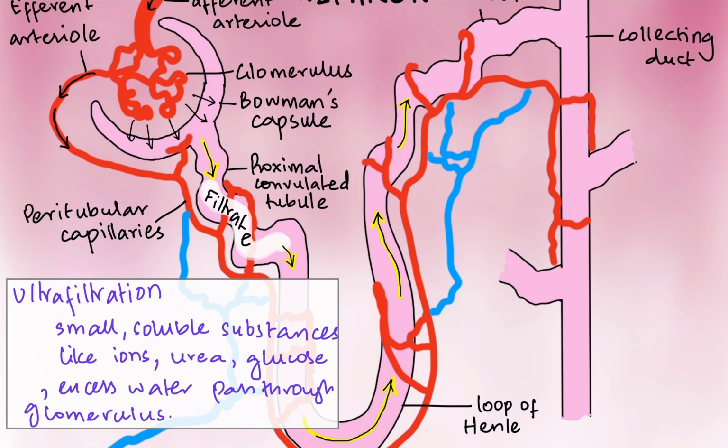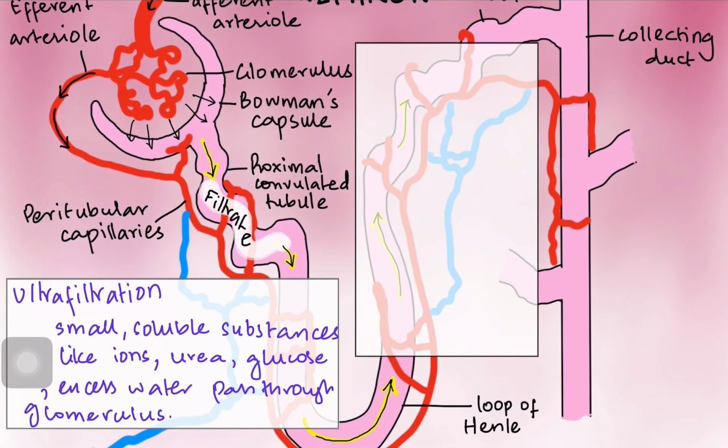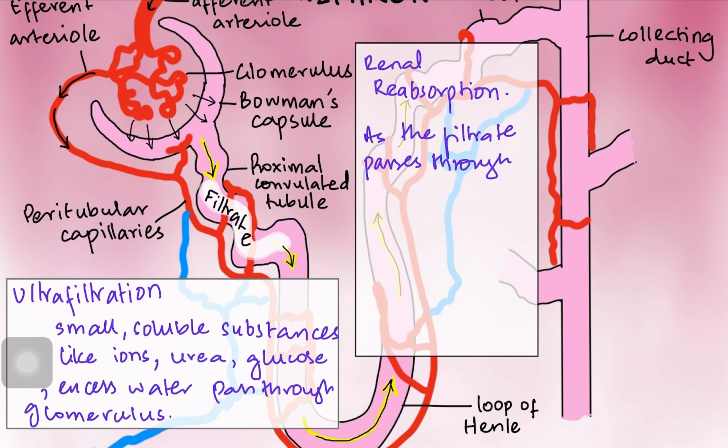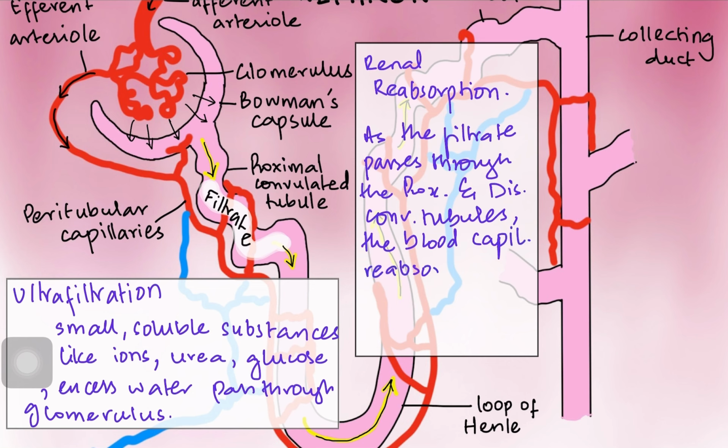Now the filtrate is moving across the proximal convoluted tubule and the loop of Henle. This is where renal reabsorption happens. As the filtrate passes through the proximal convoluted tubule and the distal convoluted tubules, what happens is the blood capillaries nearby reabsorb essential substances.